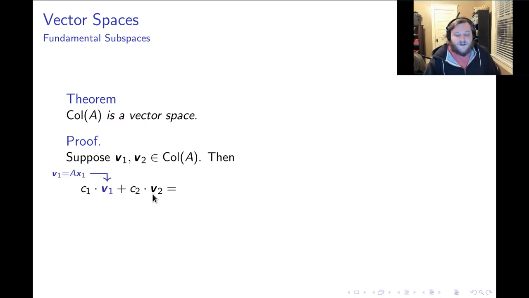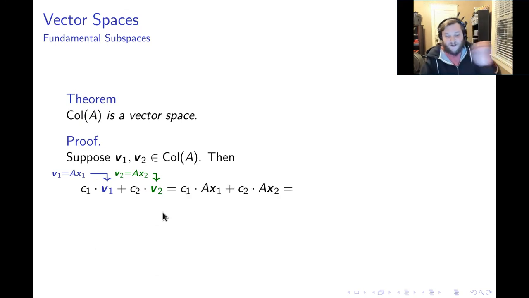The first thing to know is that if v1 is in the column space, what that means is that v1 is a linear combination of the columns of A, which means v1 is equal to A multiplied by some vector, which I'll call x1 here. Same goes for v2. Since v2 starts out in the column space, I know that it is equal to a linear combination of the columns of A, which means that v2 is equal to A multiplied by another vector, which I'm calling x2.